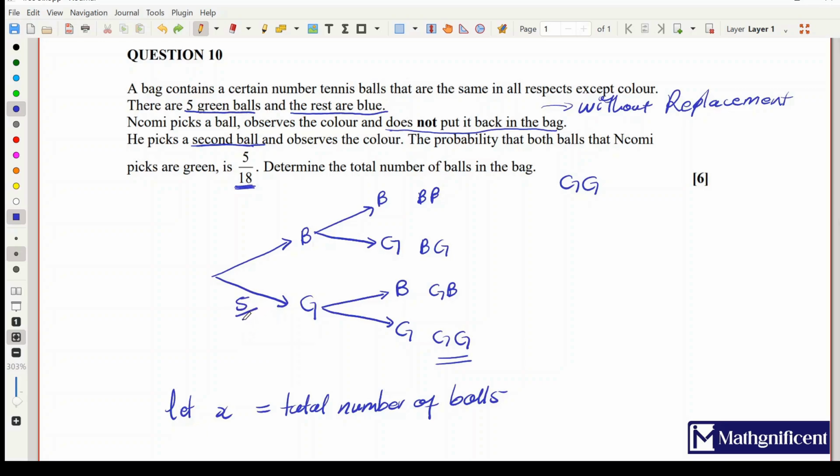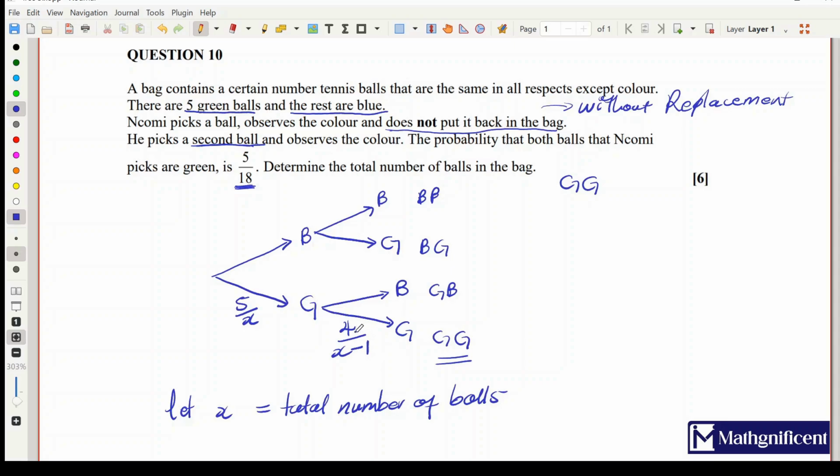So since the probability of first selecting a green ball is 5 over x, what would be the probability of selecting a green ball as the second ball if the green ball was the first ball that we selected? This is going to be 4 over x minus 1.